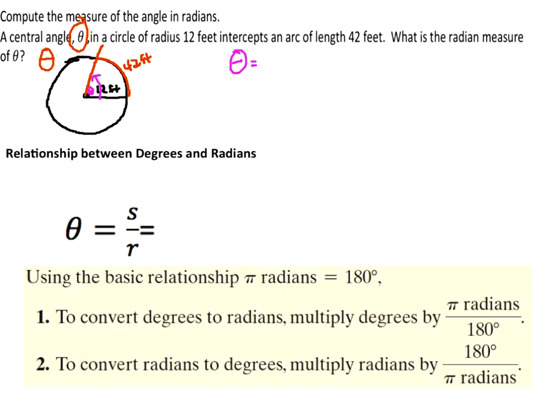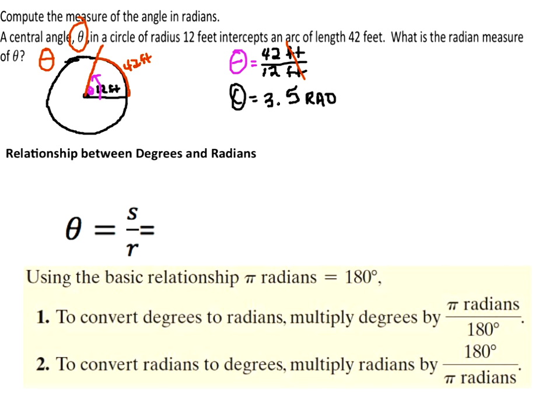When you divide the arc length by the radius, you get the angle measure in radians. So I have a 42-foot arc divided by a 12-foot radius. Feet divided by feet divides out, so I don't have to worry about that. When I divide 42 by 12, I get 3.5, and now I can say that's 3.5 radians.